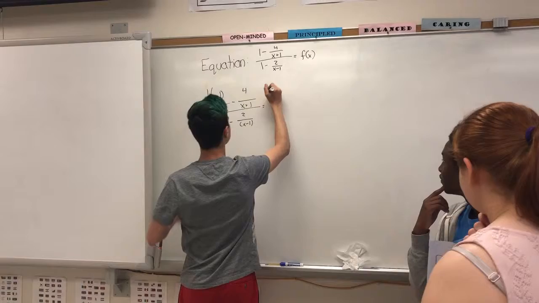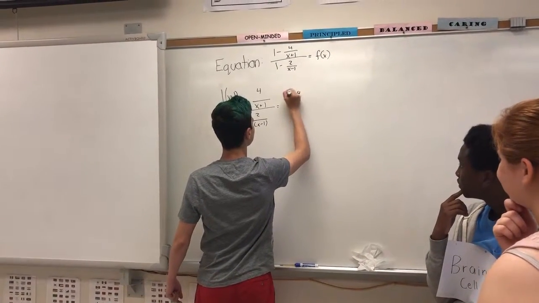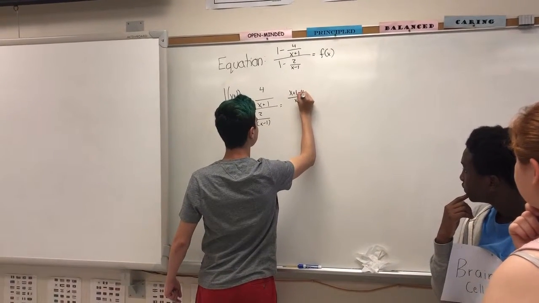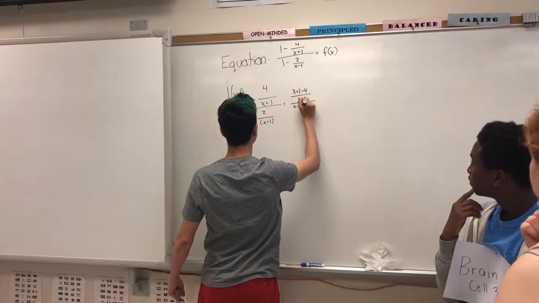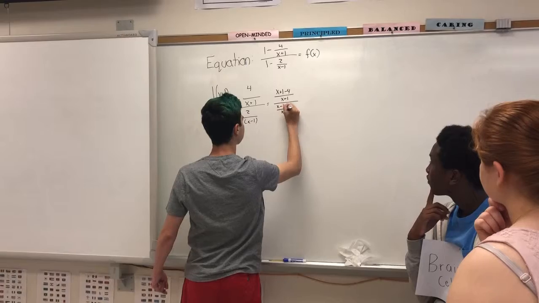Stairwell. Yeah. So 2 pi over 108 reduces to 5. What's 1 minus 4 over x plus 1, over 1 minus 2 over x plus 2? Now, give me the characteristics of f of x.